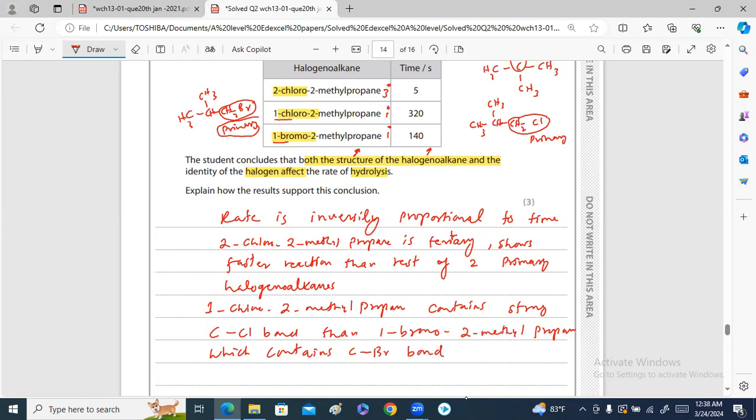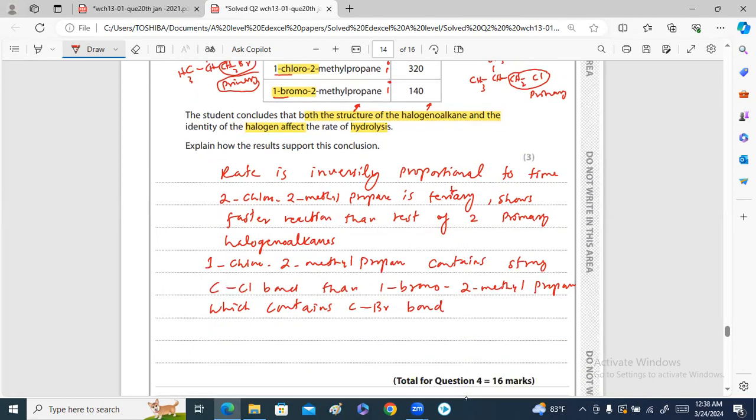So the C-Br bond requires less heat energy to break. You can see that it takes less time. The C-Br bond requires less energy to break.